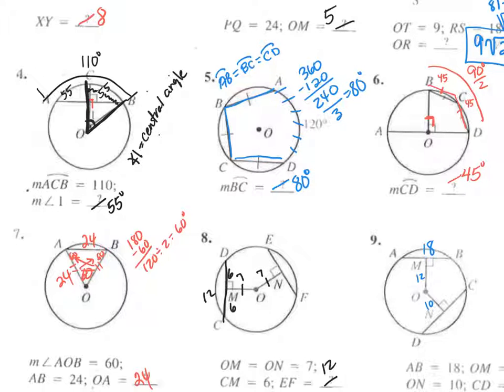But up here, I can take this 18 and divide it into 2 9s. And I can use this right triangle to find the radius of the circle. So I'm going to have 12 squared plus 9 squared equals my hypotenuse squared, which is the radius.